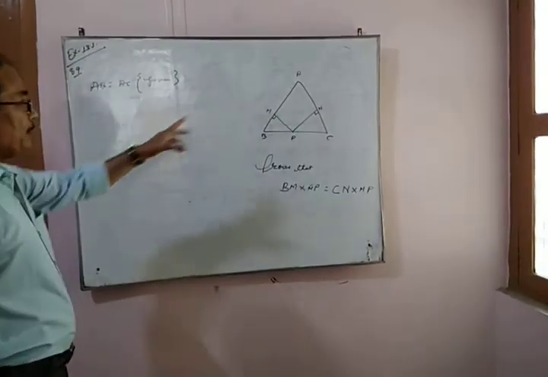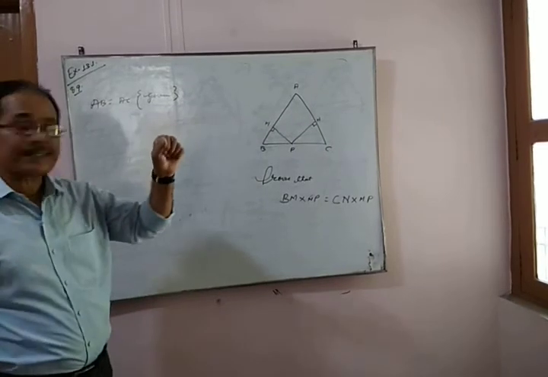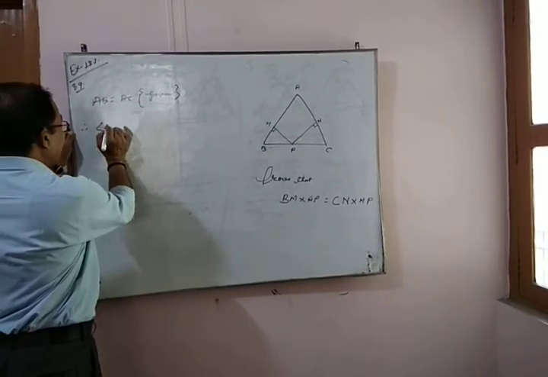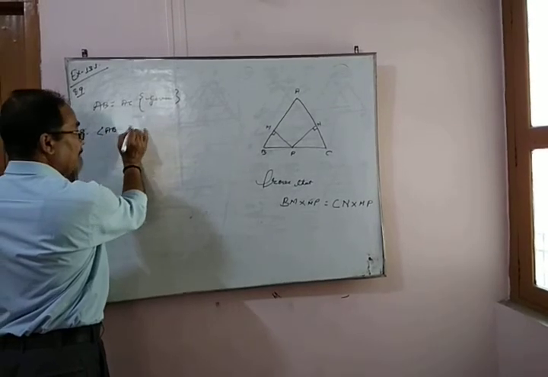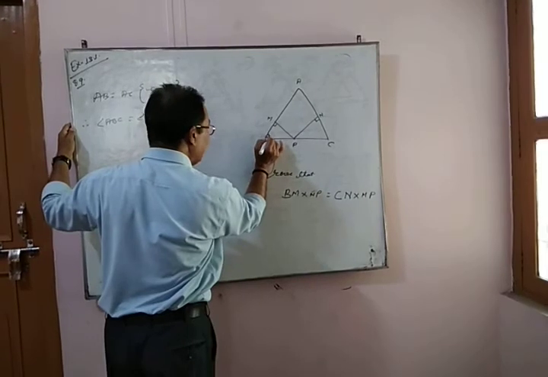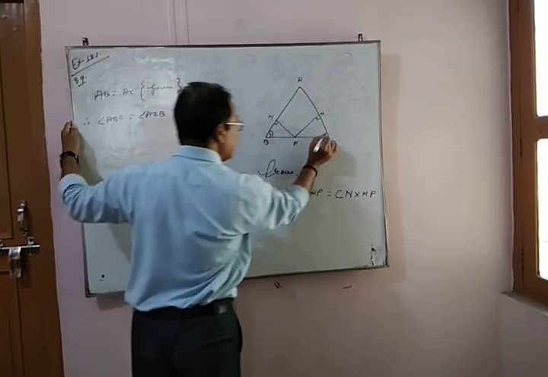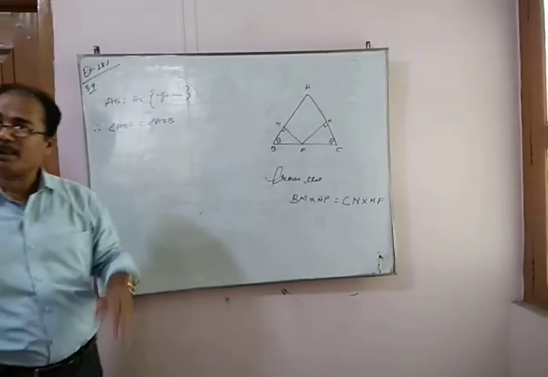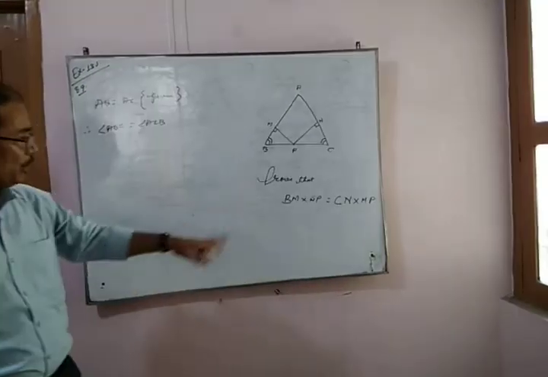So triangle ABC is an isosceles triangle, AB equal to AC, and this is why angle ABC equal to angle ACB. So this angle will be equal to this angle. Now you come to the point, whatever you have to prove in this question.